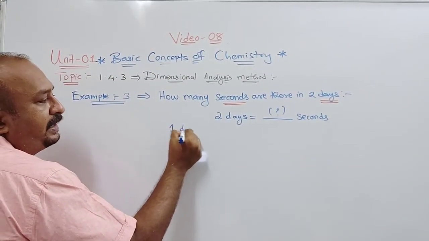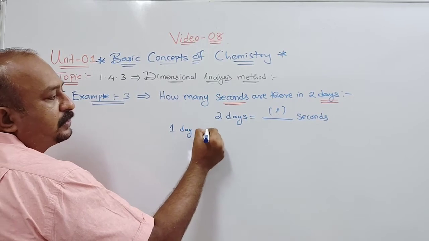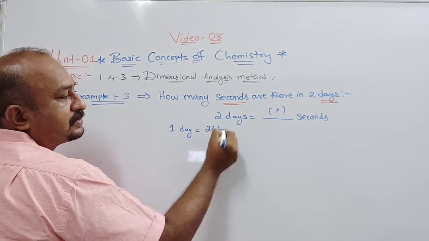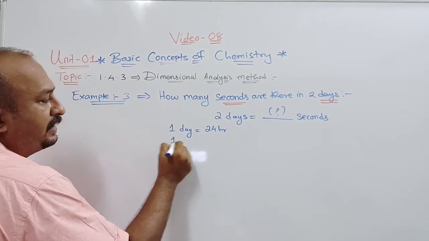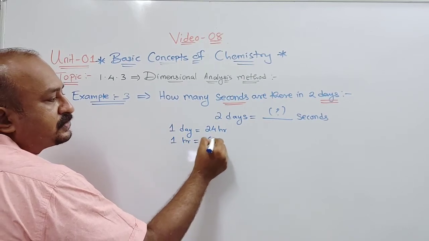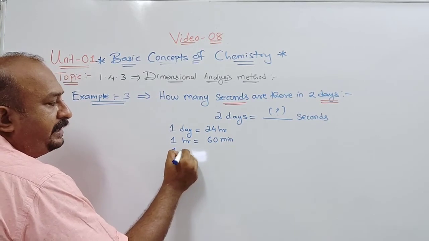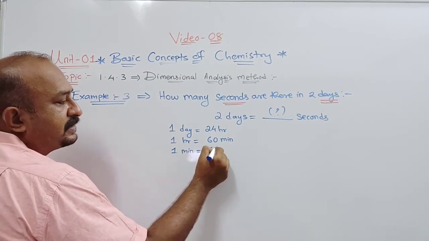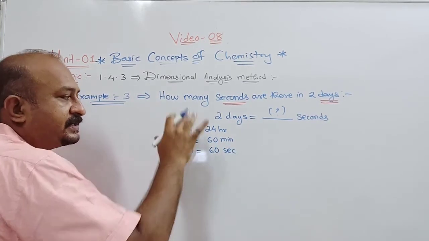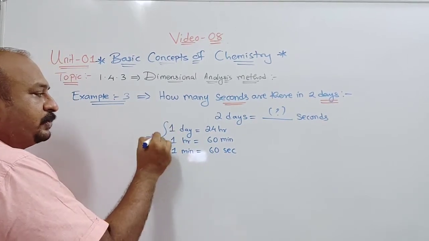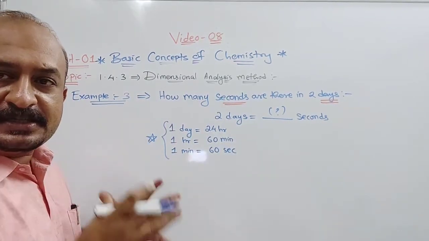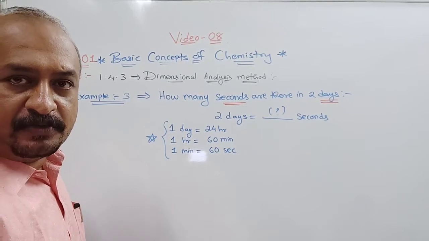We know 1 day is equal to 24 hours. 1 hour is equal to 60 minutes. Clear? And 1 minute is equal to 60 seconds. So these are the three formulas we are going to use to convert this. That is our dimensional analysis method, what we say.